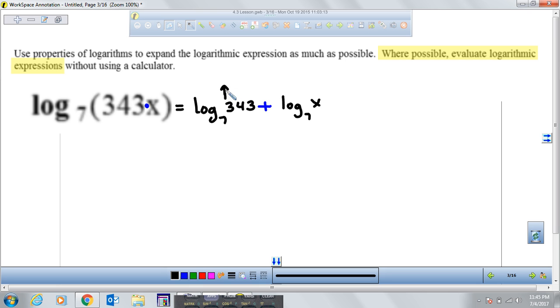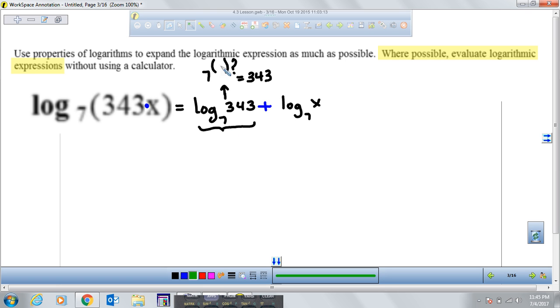We learned how to evaluate logarithmic expressions. How do we do that? The 7 represents the base. This means that 7 raised to some power equals 343. If you can find an integer power of 7 that gives you 343, then you can evaluate it. If you cannot find an integer power, then you do not evaluate it. You leave it as is.